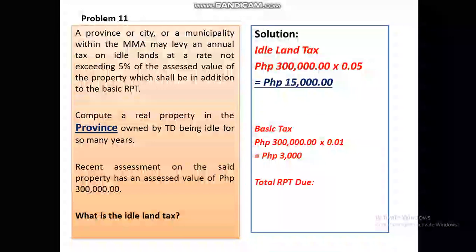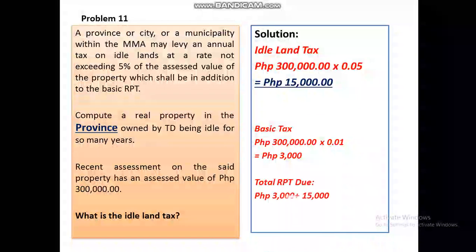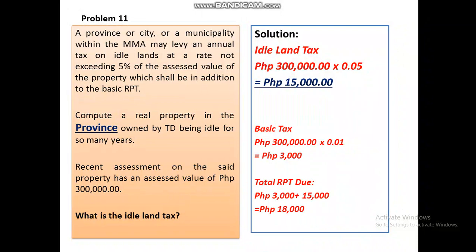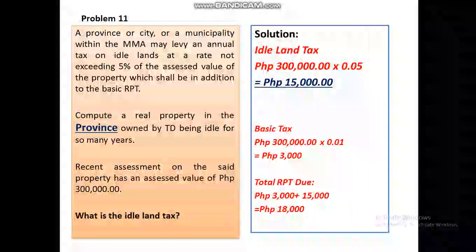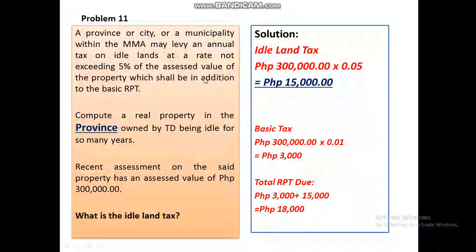And then yung total RPT due is 3,000 plus 15,000 is equivalent to 18,000 po yung lahat ng babayaran ni TD. Yan, yung may-ari po ng property. Again, pag tinatanong yung idle land tax po, pag silent pa rin yung question, buong RPT pa rin yung kukumputan natin because the idle land tax is an additional for basic RPT. So, kumputan po natin yung basic and then add po natin yung idle land tax kaya 18,000 yung binabayaran.